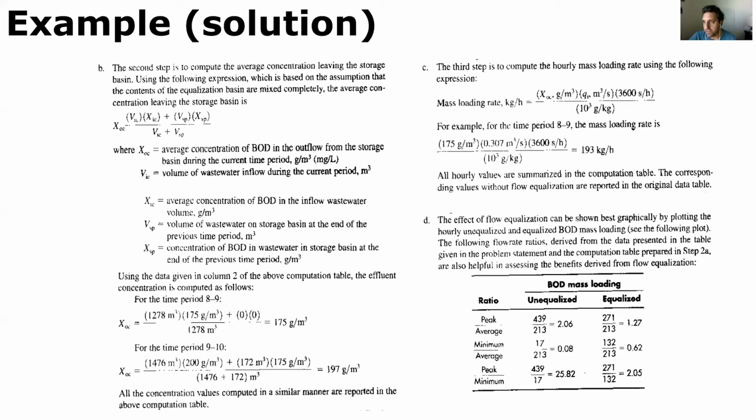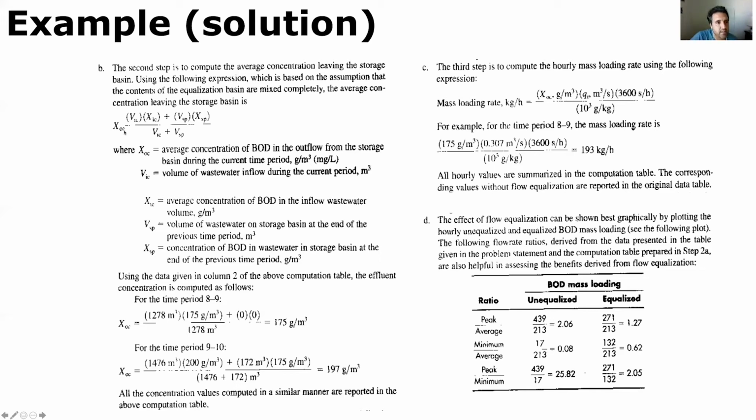All right, so for this, we're going to use the concept of loading, mass loading, and concentrations. We know that if we take the concentration of a constituent, let's say BOD, represented here by X, and we multiply that concentration by the volume that comes in, represented by V, we're going to get a mass. Milligrams per liter multiplied by liters would be equal to milligrams.